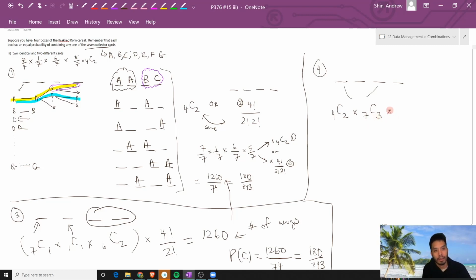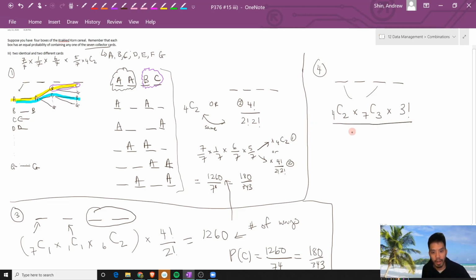And now that we have that, we have to rearrange those 3 cards in order. So we have to multiply by 3 factorial here. And this is the number of ways of getting 2 identical and 2 different cards.